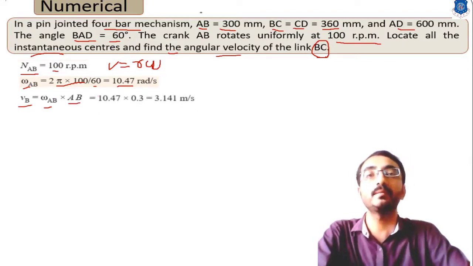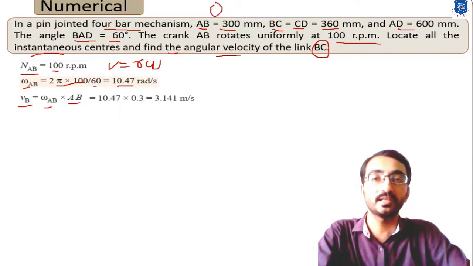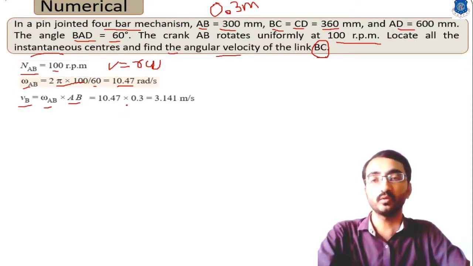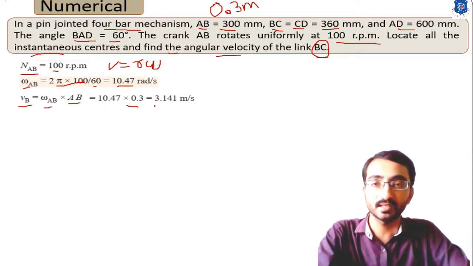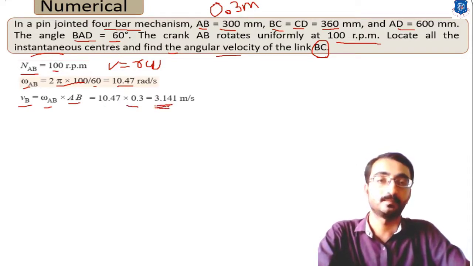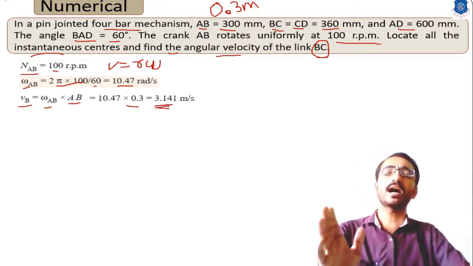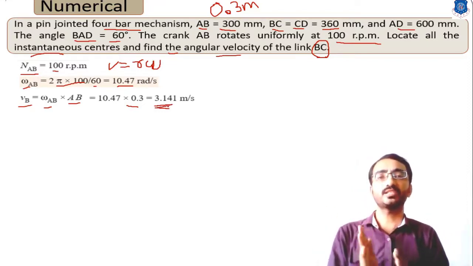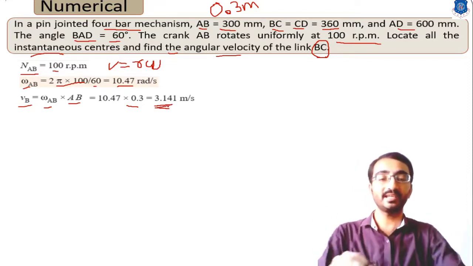We have to convert this dimension into meters, that is 0.3 meter. So 0.3 meter into 10.47 will give us the velocity of point B, that is, of link AB.